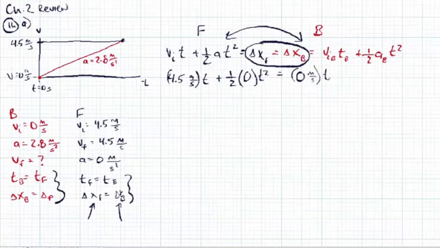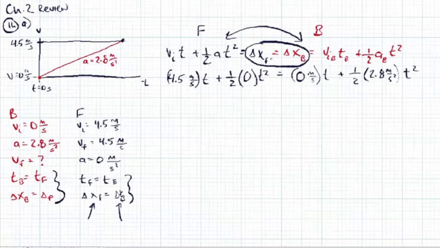Well, that'll be handy too because that'll drop out. Plus 1/2 times the acceleration of the bicyclist, which again, I wrote the A instead of the value. The value is 2.8 meters per second squared times time squared.